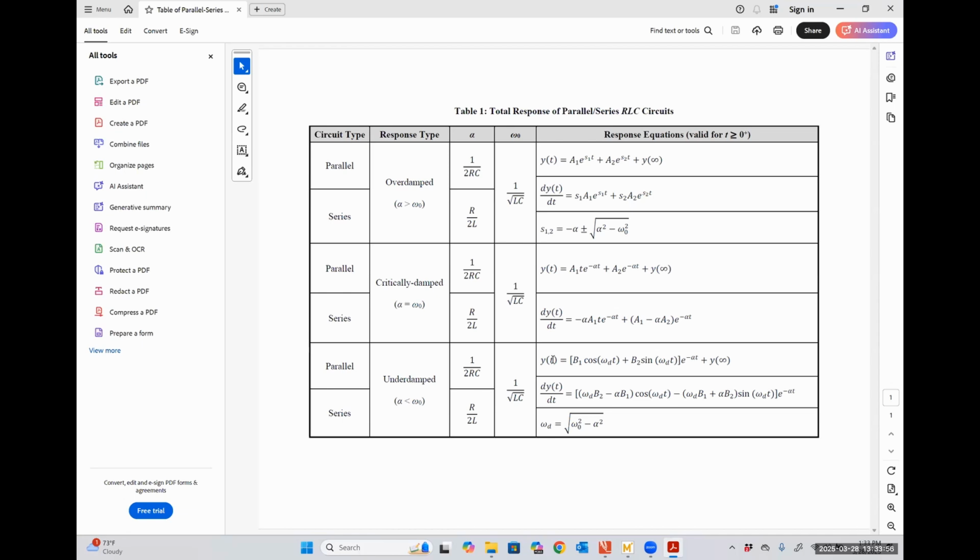So if I have a capacitor voltage, then my derivative-based relationship is my capacitor current. If I use my inductor current as y of t, then my derivative-based relationship is the inductor voltage, okay? So that's where our system of equations is going to come from. So y is always capacitor voltage or inductor current. dy by dt is the derivative-based relationship based on what y is.